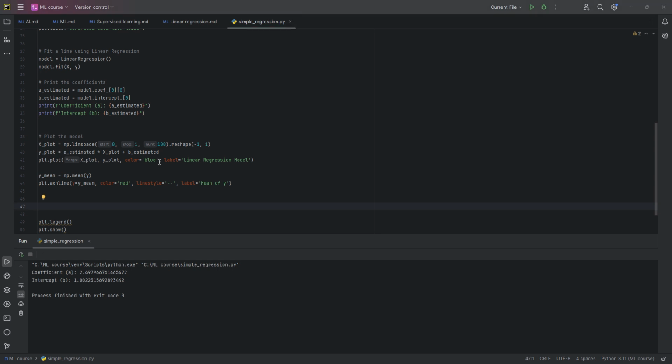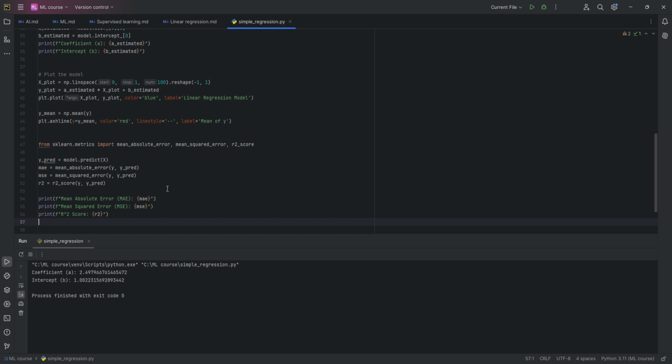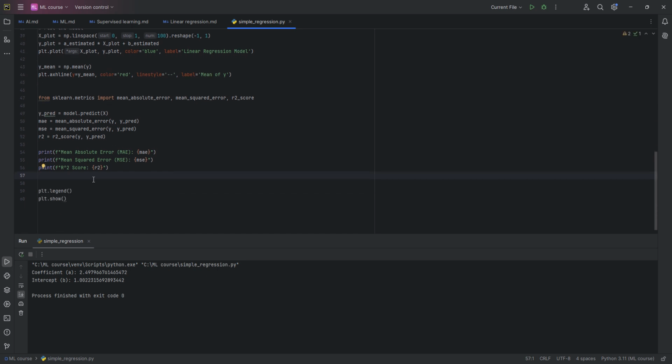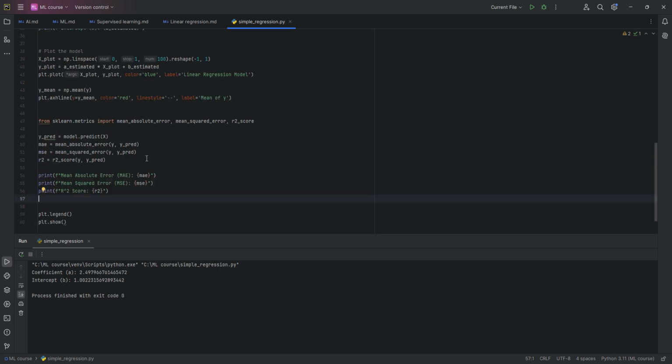So now I'm going to add these few lines to calculate the MAE, MSE, and R2 metrics. I need to import the functions that are going to help me do the math, because I don't want to create those functions.